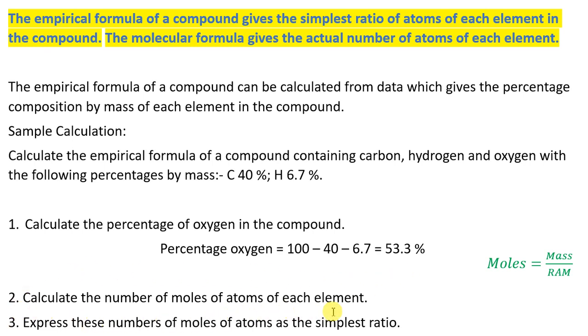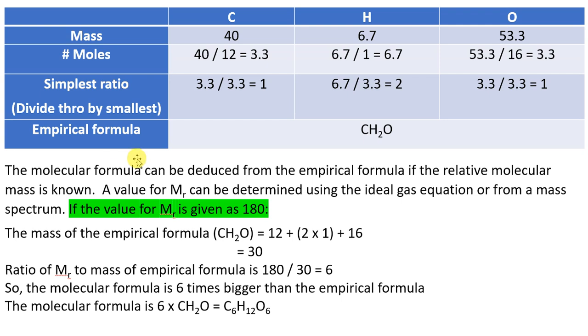Calculate the number of moles of atoms of each element. I've put the equation for moles here. Moles equals mass over relative atomic mass. And then express these numbers of moles of atoms as the simplest ratio. I find that following this format means you just don't go wrong. In this example, my mass of carbon, hydrogen, and oxygen placed in there.